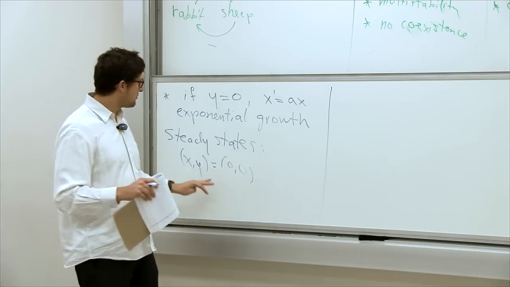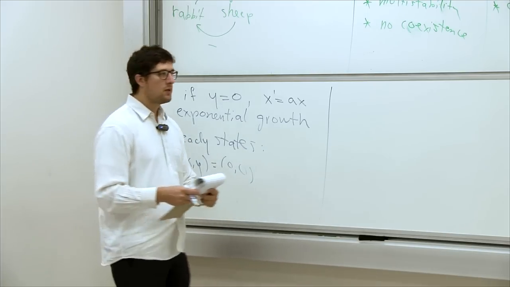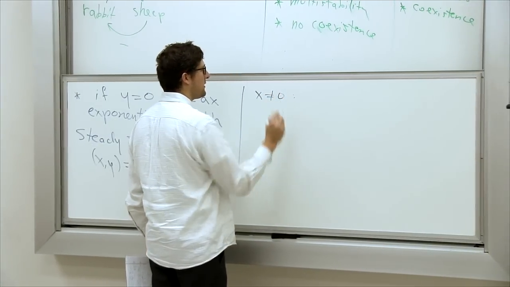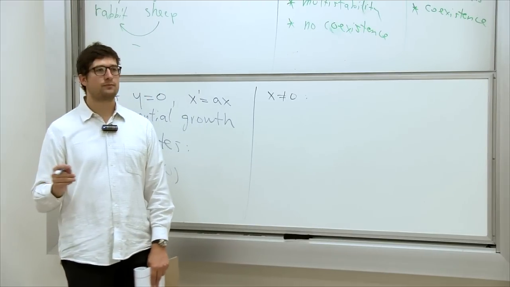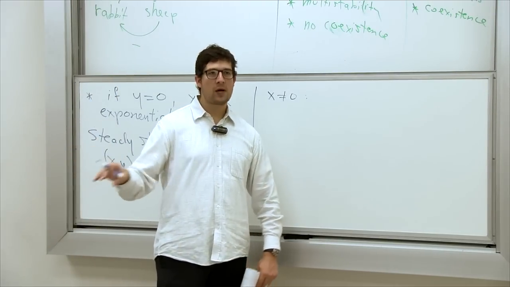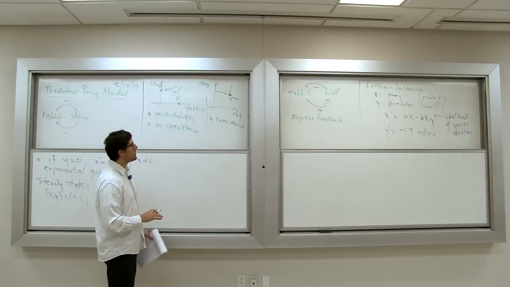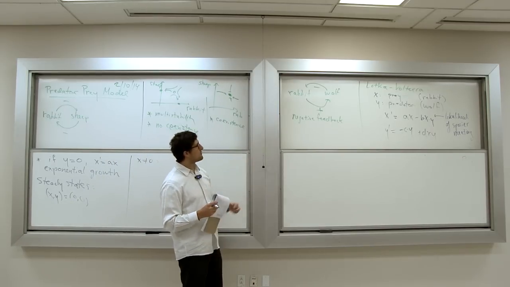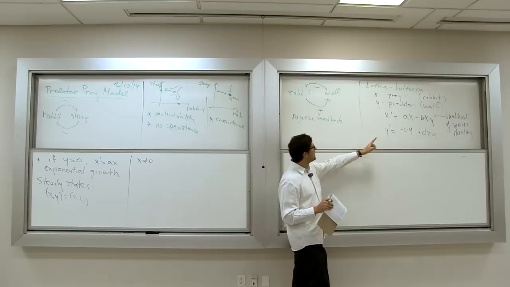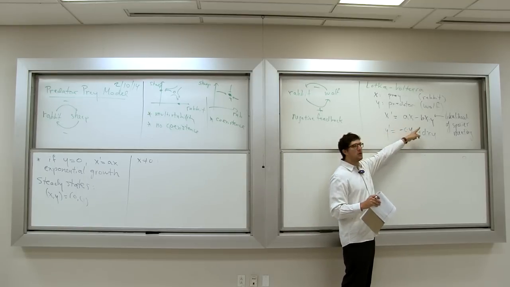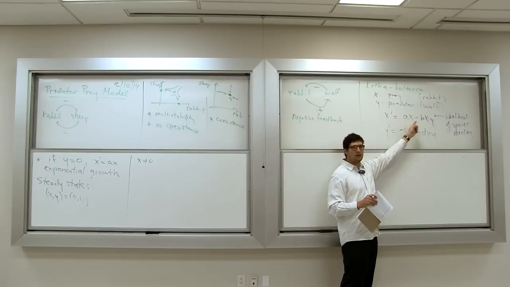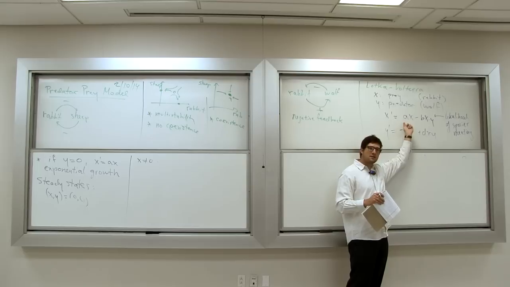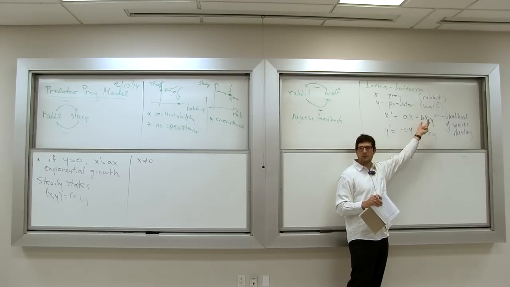Now let's suppose we want to find another one. Let's say that x is different from 0. We have some rabbits to begin with. So if we're at steady state and x is different from 0, what happens? Well, let's look at the first equation. We have x multiplied by something, x multiplied by a minus by. If x is different from 0, that means that other term has to be equal to 0.